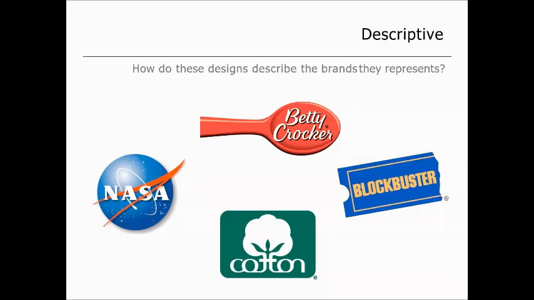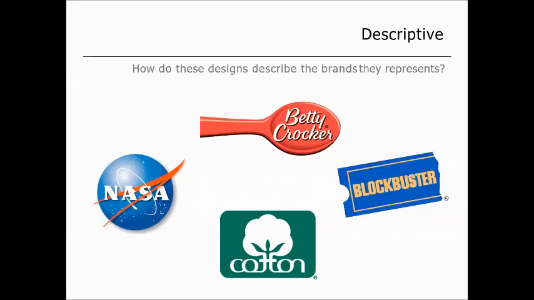Okay, yes, the brand Betty Crocker is related with flour, more on baking. So it is in line with baking. Absolutely, the logo emphasizes that it is in line of food, because of the spoon.